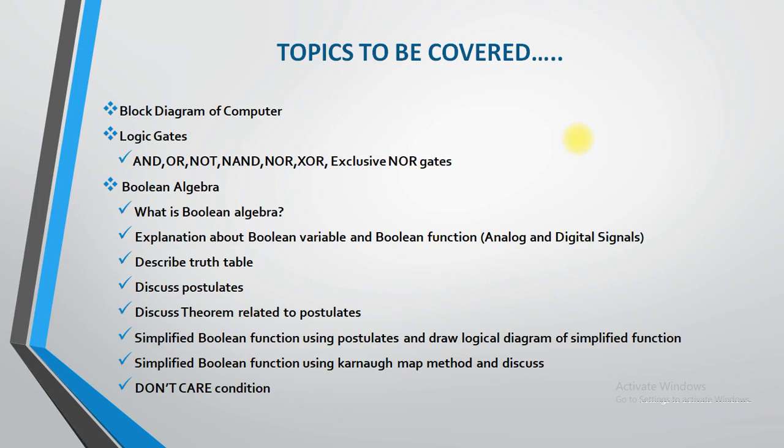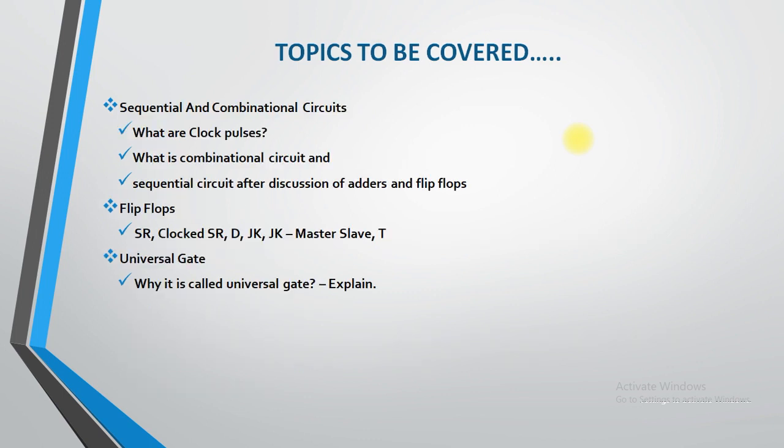In this unit we will learn topics related with the block diagram of computer, logic gates, and topics related with Boolean algebra. There are two types of circuit, sequential circuit and combinational circuit.